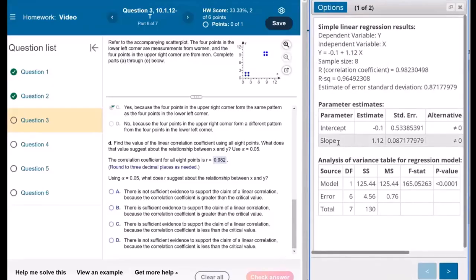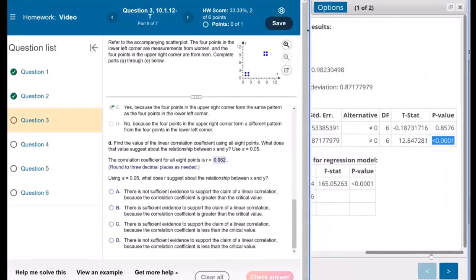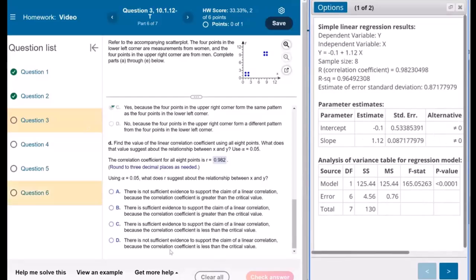The slope is whether or not the line shows any kind of a positive or negative correlation. As you just saw, it was very small. There is sufficient evidence because we reject the null hypothesis and use the alternative hypothesis.